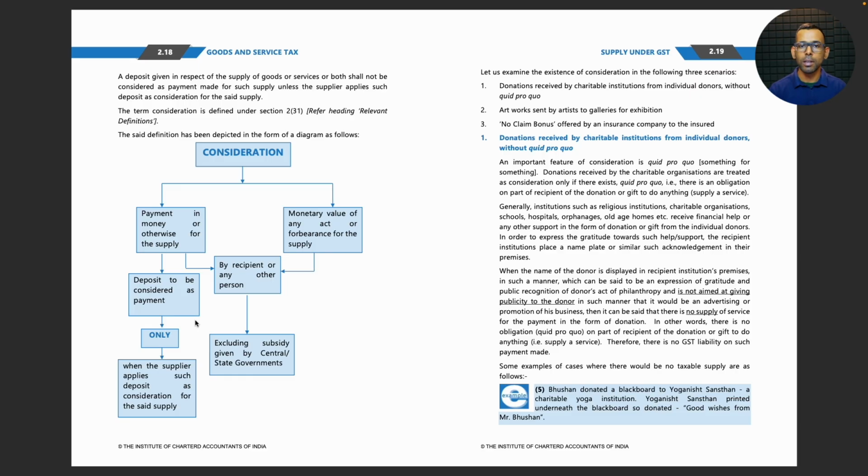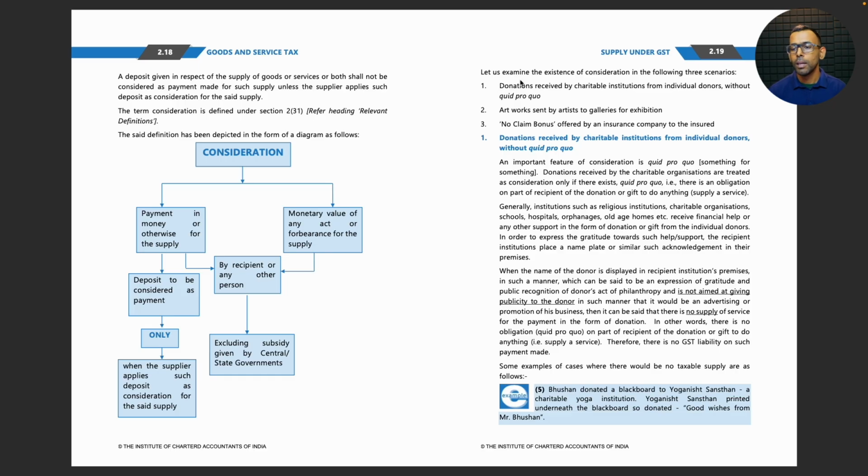Let's say we give 5 months advance, so we will get 2 months advance back after 3 months advance is deducted as 3 months rent. In that situation, that advance will be treated as consideration. Monetary value of any act or forbearance for the supply, excluding subsidy given by central or state government.